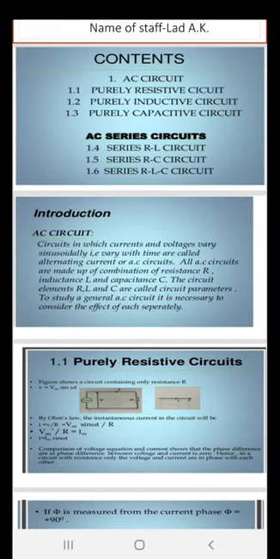The figure shows a purely resistive circuit, containing resistance R, with V equal to Vm sin omega t.